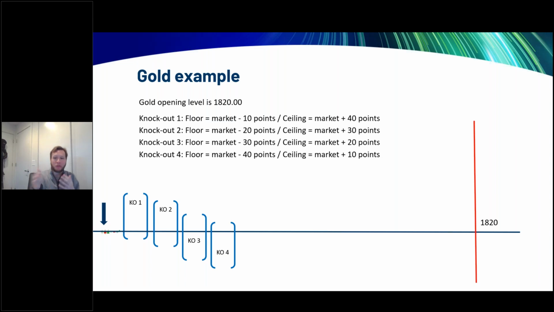But very basically, these are going to be 50-point ranges for gold, and they're just going to be offset like this: market minus 10, market minus 20, market minus 30 for the floors, and then the inverse on the ceilings. So they're all listed right around the actual listing point, right around where the market's actually moving.